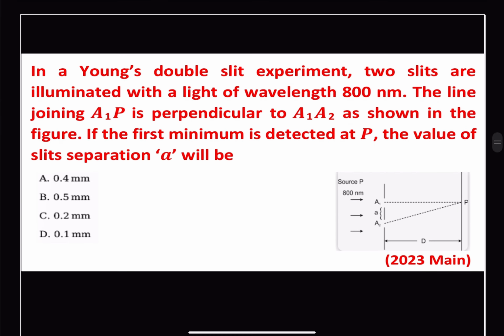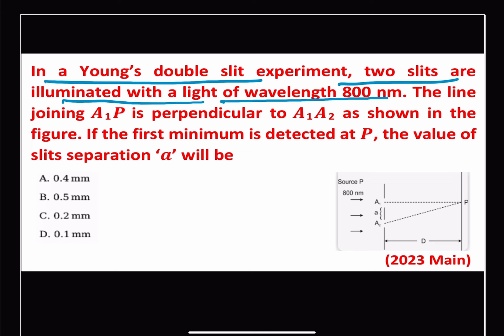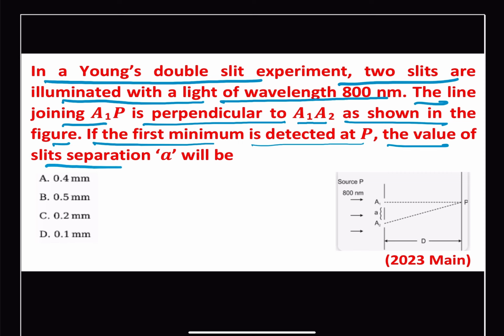Next question. It states that in Young's double slit experiment, two slits are illuminated by a wavelength of 800 nanometer. The line joining A1P is perpendicular to A1A2 as shown in the figure. If the first minimum is detected at P, the value of slit separation a will be.